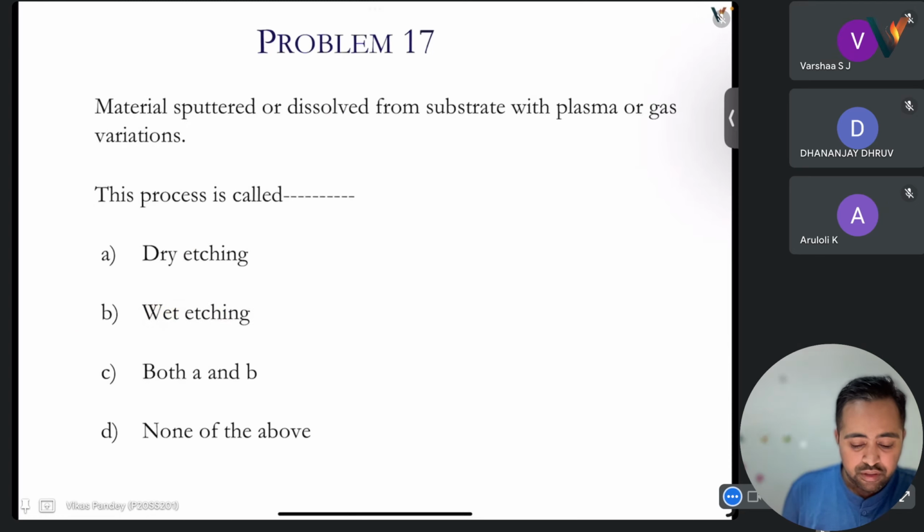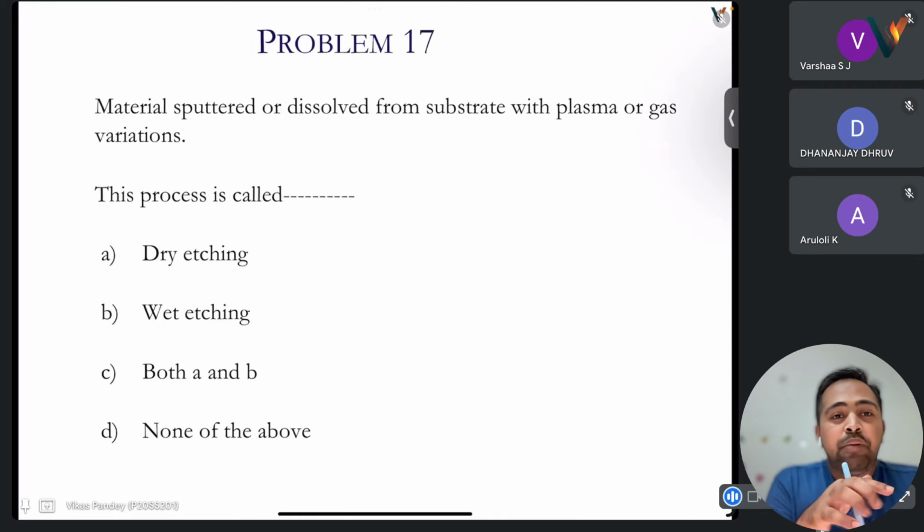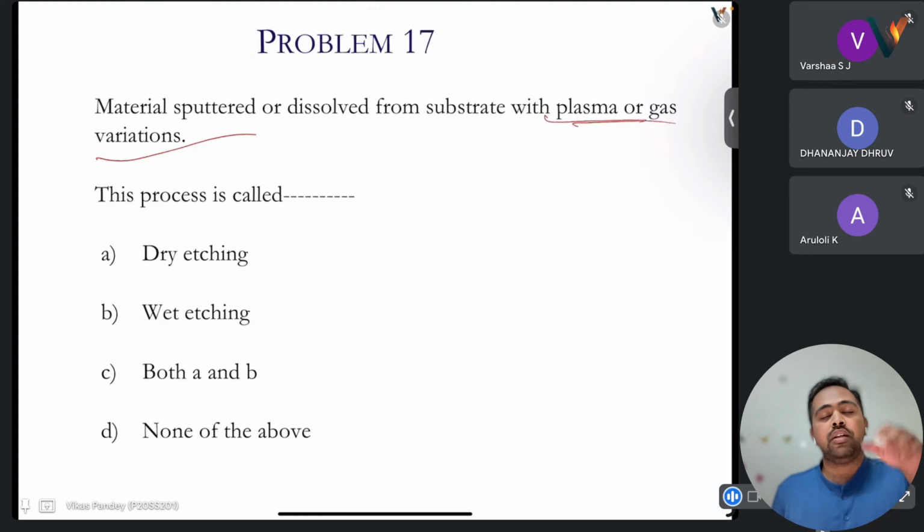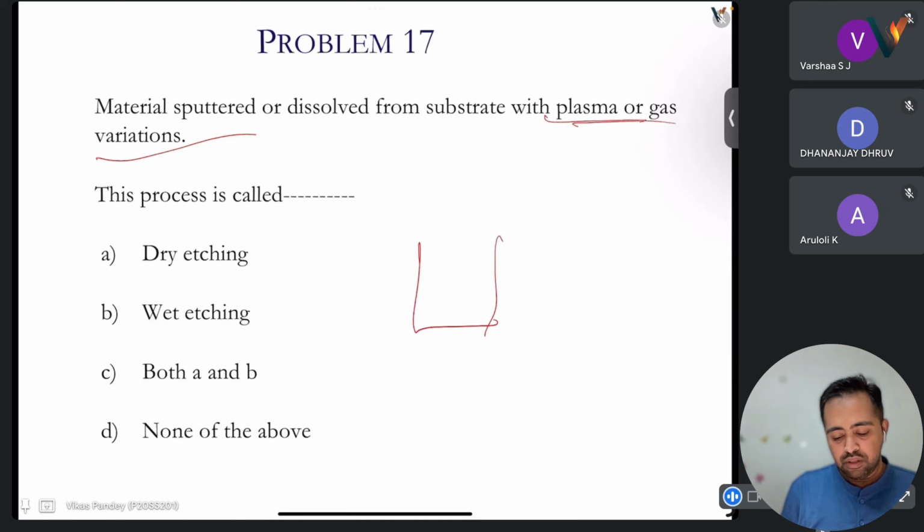And now the opposite of it: material sputtered or dissolved from the substrate with plasma or gas variation. Okay. Here we are not putting it inside a chemical. Like in the first process, we have some chemical which is very selective to the thing that we want to remove, and it will not etch the pattern.